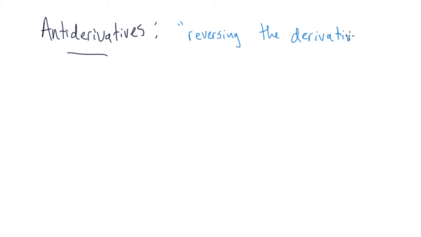So if I have some differentiation rule, I can just think about reversing that process of differentiating and then getting an antiderivative. And that works really well for certain types of functions. So for instance, power functions.